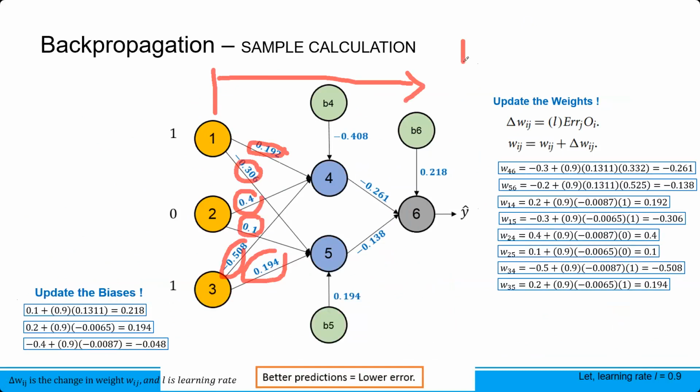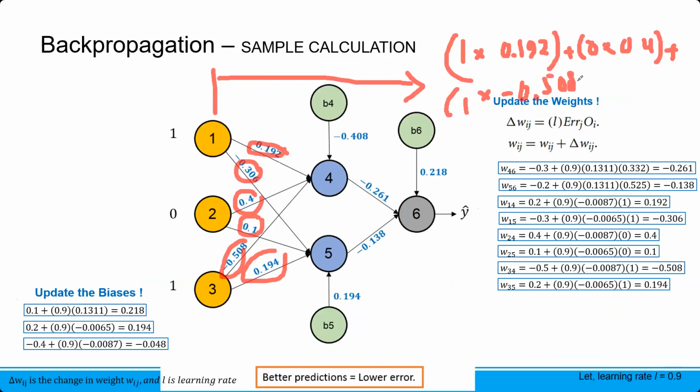So we will again multiply 1 with 0.192, plus 0 multiplied by 0.4, plus 1 multiplied by minus 0.508, plus the bias, which is minus 0.408. Then we get the value, and again we apply the logistic or sigmoid activation function.